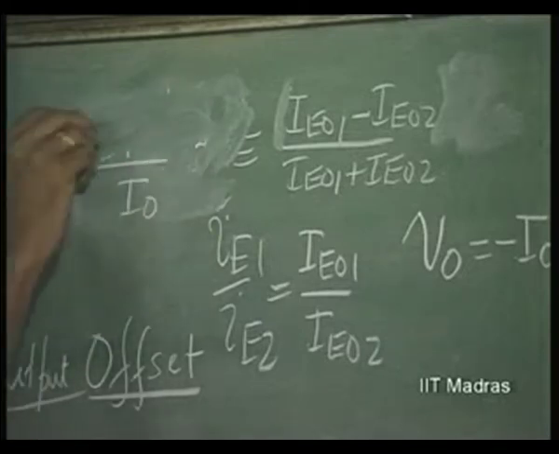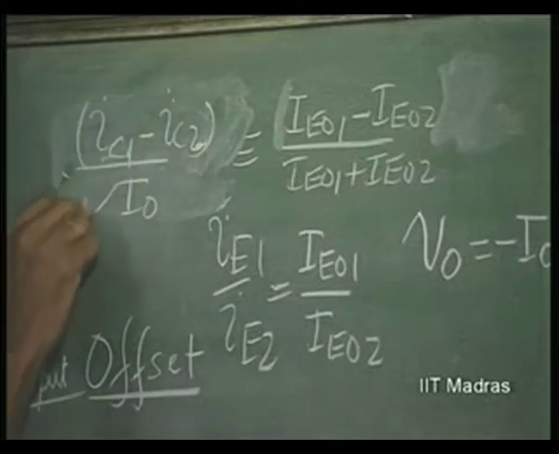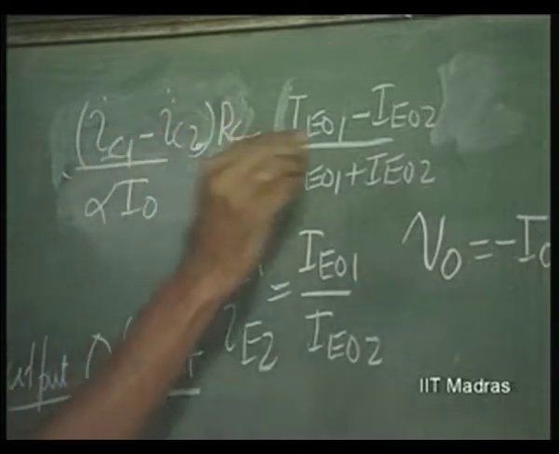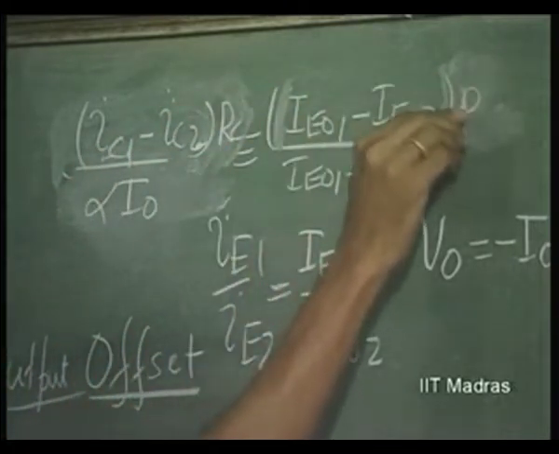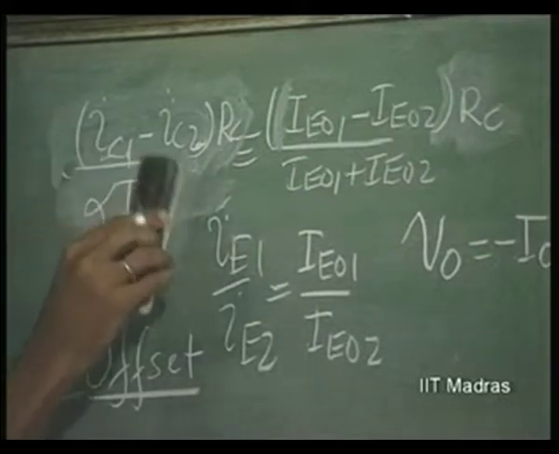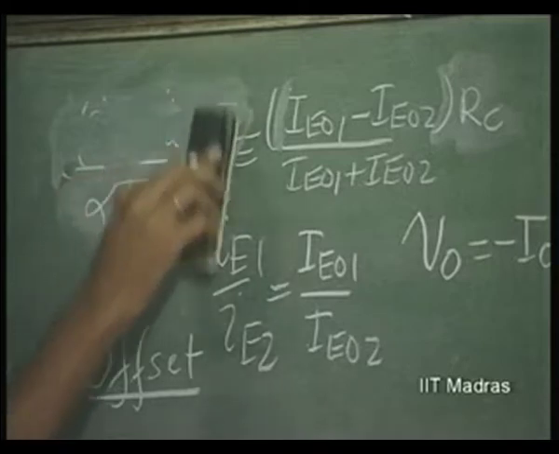IC1 minus IC2 into RC is equal to minus V0, that we had already written earlier.